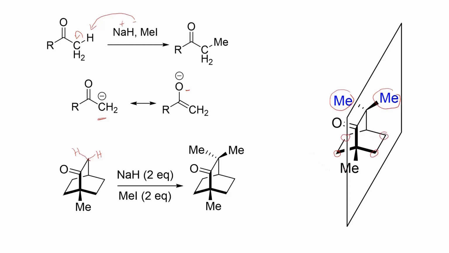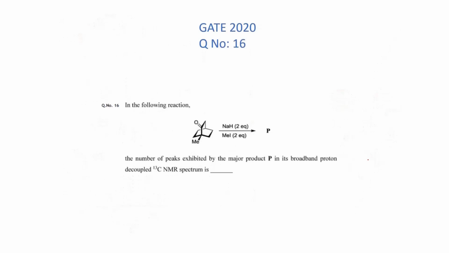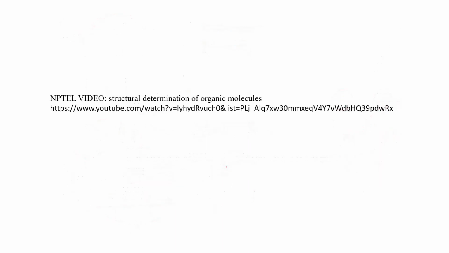So how many peaks will we get in the 13C? 1, 2, 3, this quaternary 4, this methyl 5, this 6, this 7, this 8. So in total we will get 8 peaks. So here the answer will be 8, right?